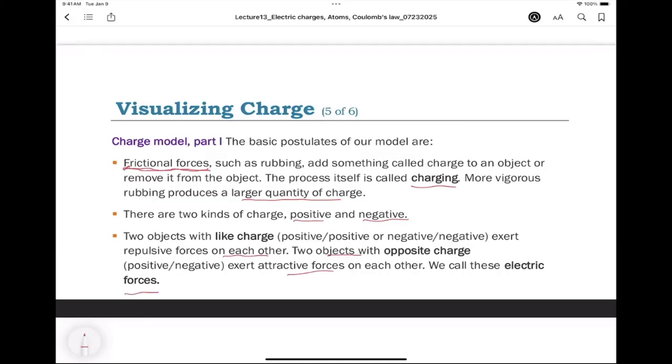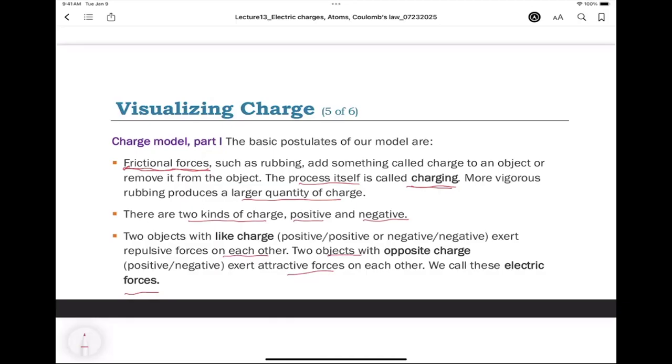Does it make sense to you? Which means we use friction to charge an object, and we call it charging. More vigorous rubbing produces a larger quantity of charge. There are two kinds of charge, positive and negative.